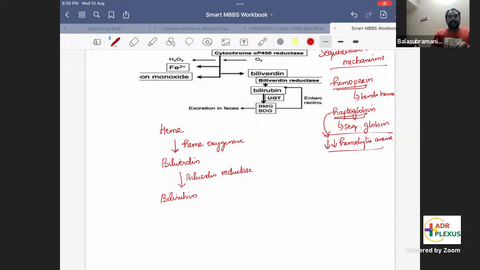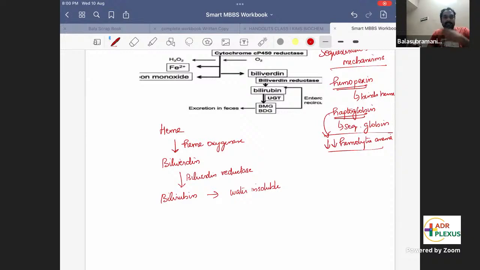But the problem here is this bilirubin is water insoluble. So we need to excrete everything.